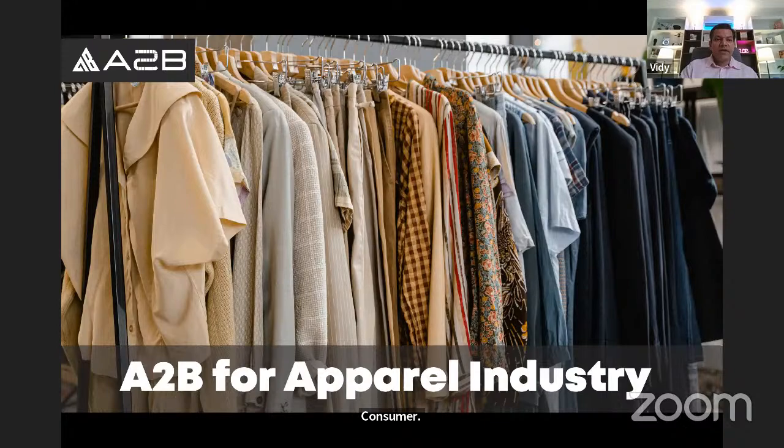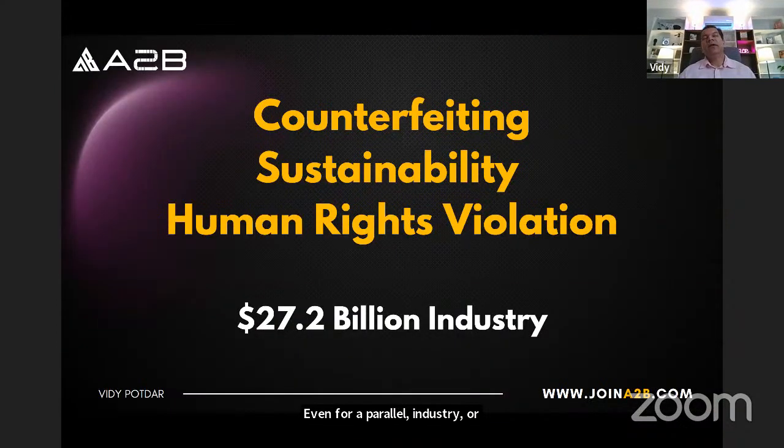Even the apparel or clothing industry suffers from a lot of challenges, such as counterfeit products or counterfeit clothes, especially if the brand is very popular and well known. There are a lot of fake products that enter the supply chain. Blockchain can be used for managing that aspect of the supply chain as well, to prevent counterfeit products entering it.